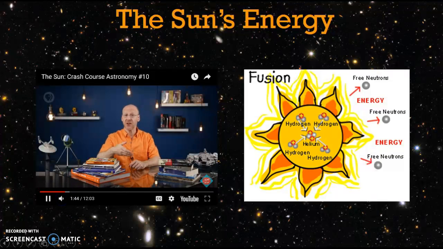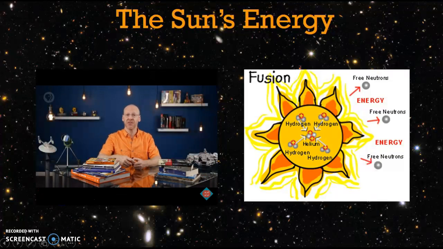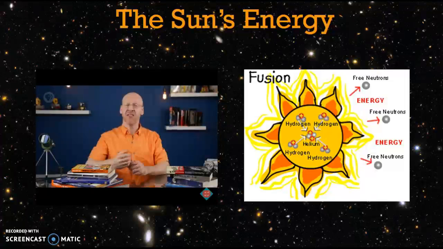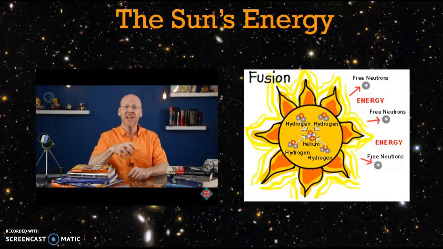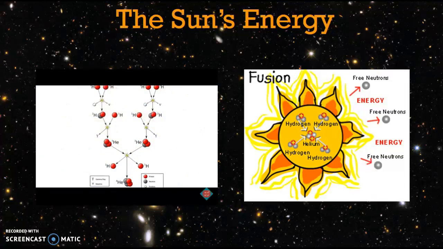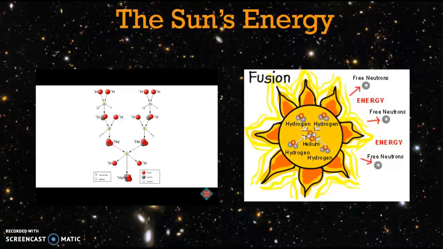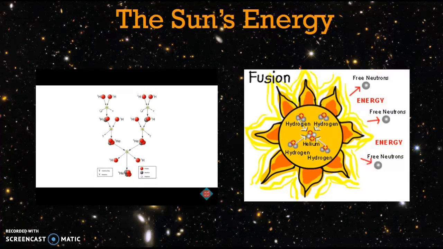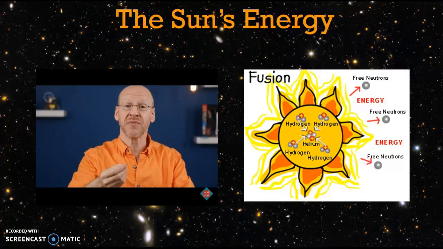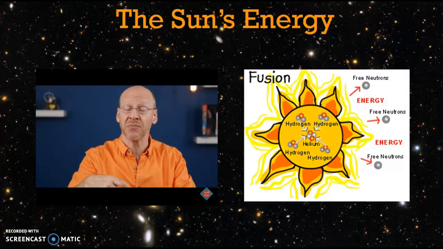Ionized, which means the electrons in the atoms are stripped from their protons. This makes the core a thick soup of ultra-hot subatomic particles. In fact, the protons are squeezed together so hard by the octillions of tons of mass lying on top of them that an amazing thing happens. They fuse together. Through a complicated series of steps, the hydrogen atoms fuse together to form the heavier element helium. Along the way, some of the nuclear energy stored in those atoms is released.